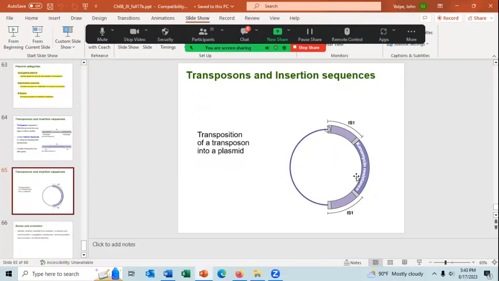And this plasmid is carrying the kanamycin resistance gene in this transposon. So plasmids and transposons help shuffle the DNA in a cell, and then the plasmid helps the cell exchange that DNA from the cell it's in to another cell. Any question about any of that?